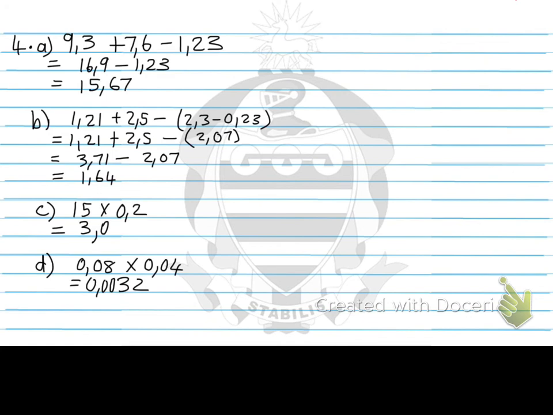So number E is 12 divided by 0,3. You can do that with a calculator and you will get 40.